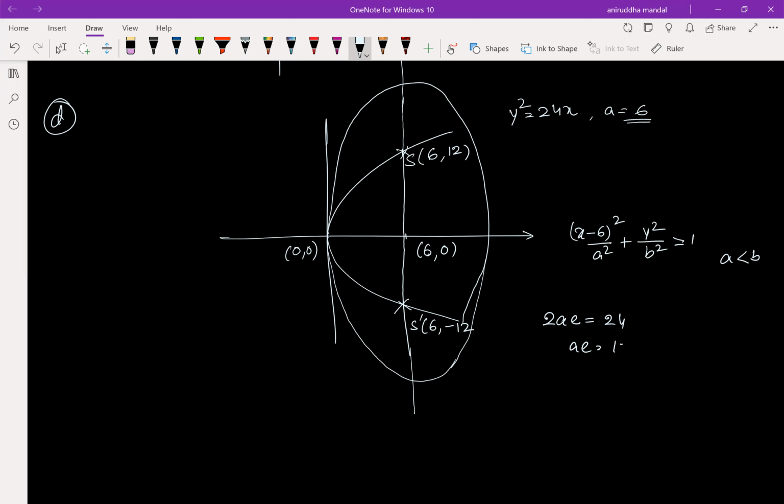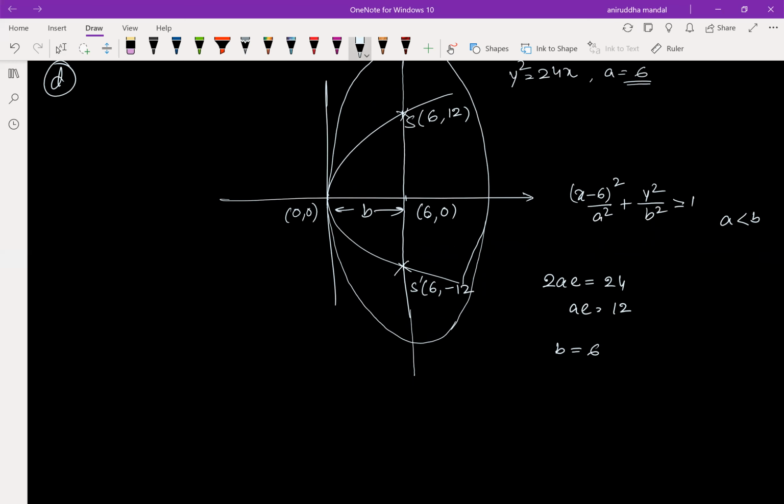So AE is 12. And now this is B, so B is equal to 6. Just a minute. So we can write E square equal to 1 minus B square by A square.